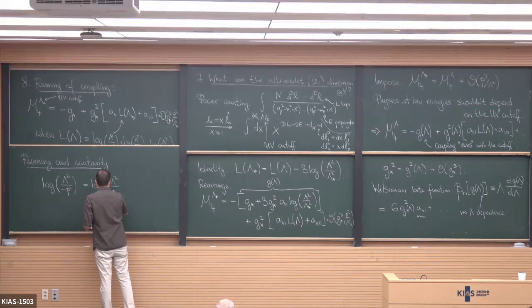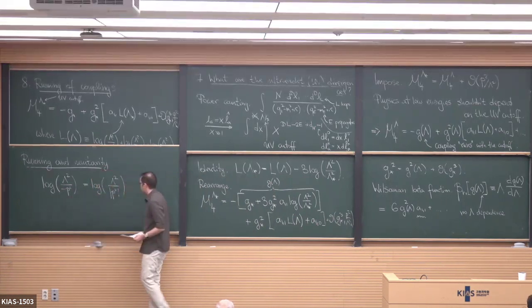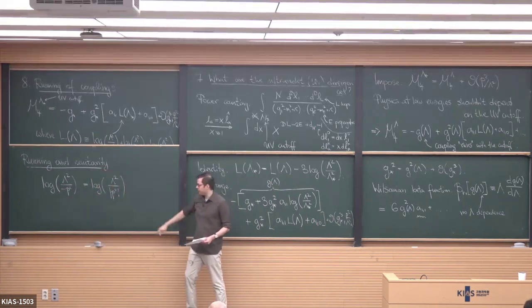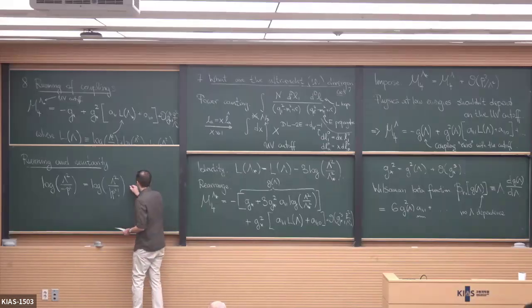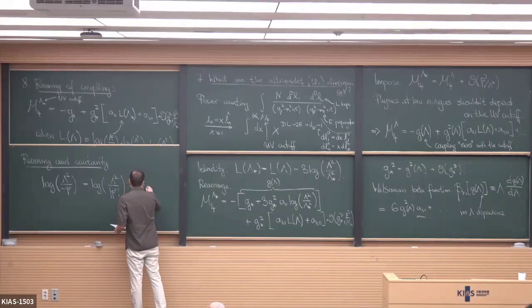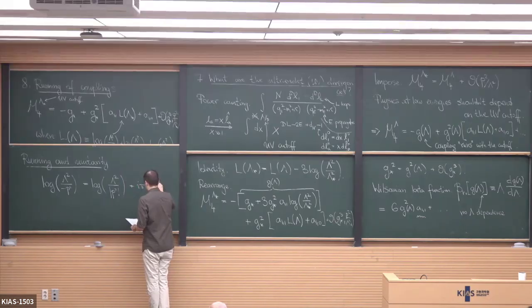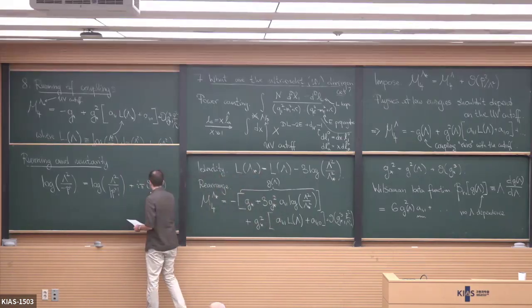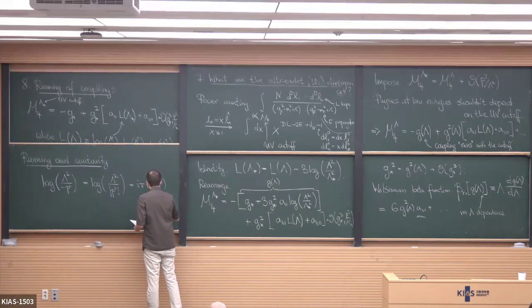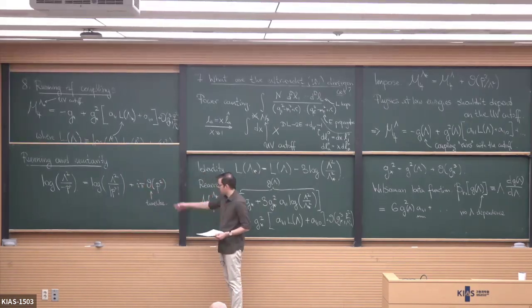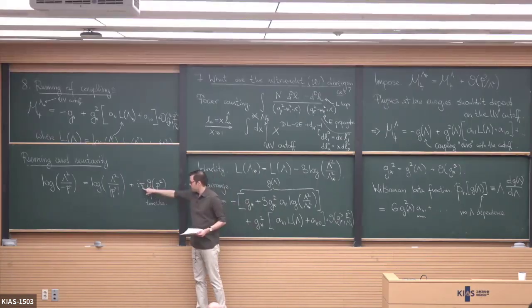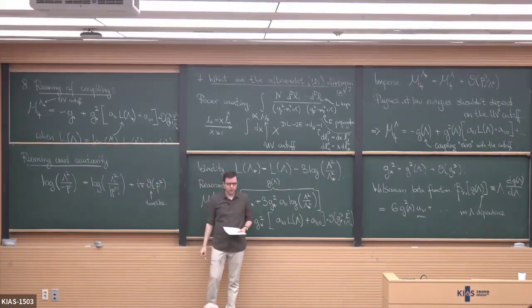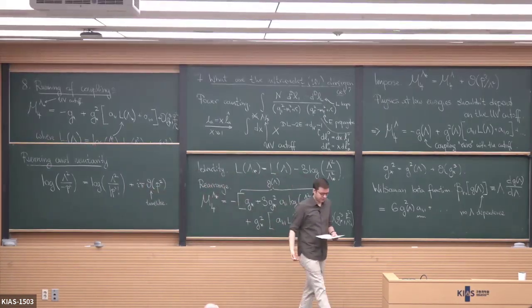I could have written it in this way, in which I have a positive argument plus a factor of i pi whenever p squared is positive. So I'm writing it as a step function in here. Okay, so the logarithm has the imaginary part with a factor of pi whenever the corresponding argument is time-like.